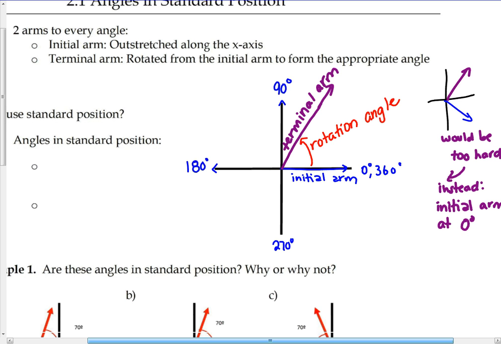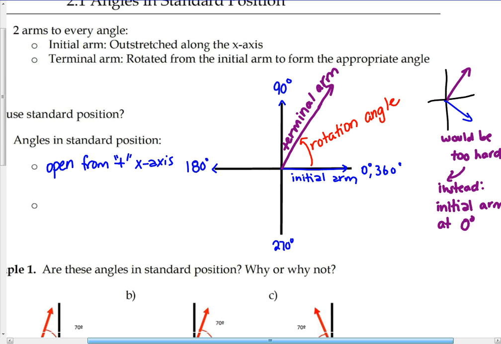So angles in standard position always open from the positive x-axis. Again, because if we're consistent every time, then we can have some terminology. We can base our mathematics to be the same every time, having our initial arm at 0.